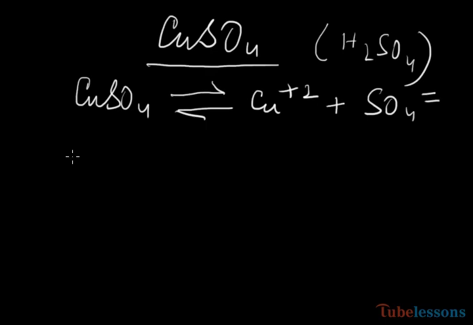By the way, in case of electrolysis of water, platinum electrodes are used. By using platinum electrodes, acidified water was electrolyzed in the last part, and now by using copper electrodes, copper sulfate solution will be electrolyzed. Now the anode reaction.